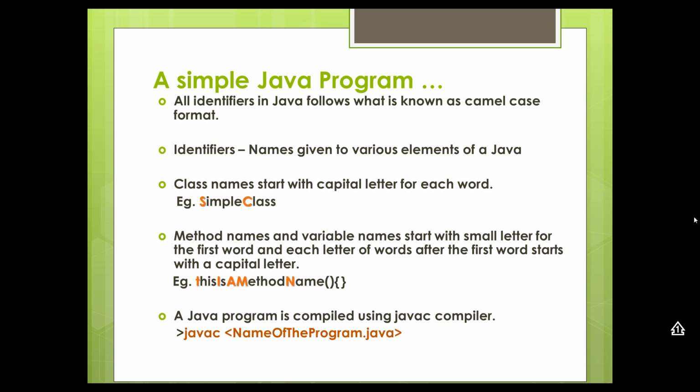The question is, say for example, you have a file that has multiple public classes, and each public class has a main method. When you say main method, the starting point of a main method follows a particular signature.